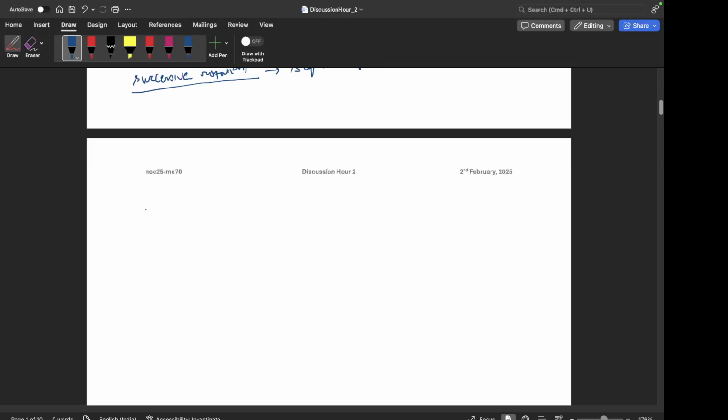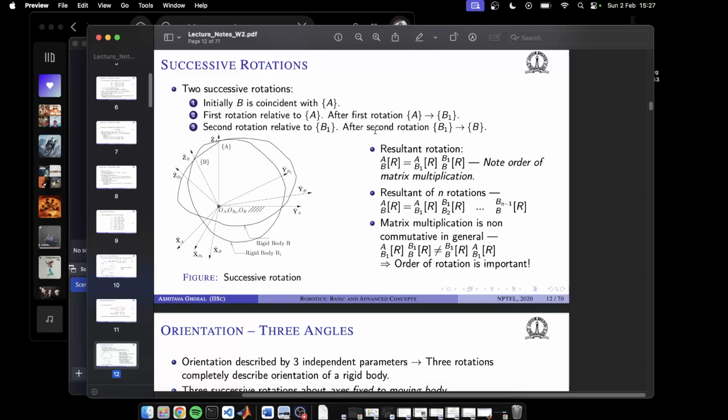So in successive rotations, there is more than one rotation, as the name suggests, and it can be any number of rotations, but the idea remains the same. We can understand these concepts using, let's say, two or three rotations, but exactly the same thing can be extended for any arbitrary number of rotations, n number of rotations, right?